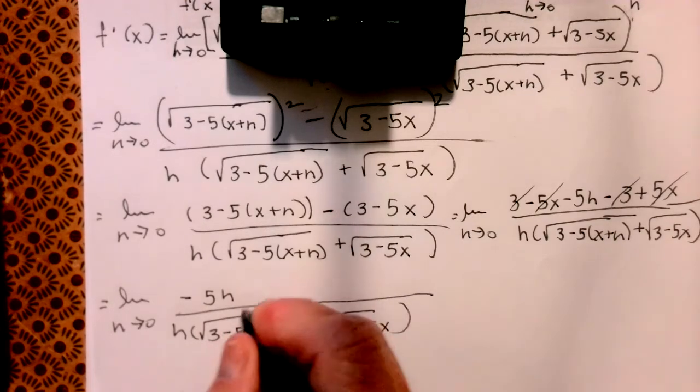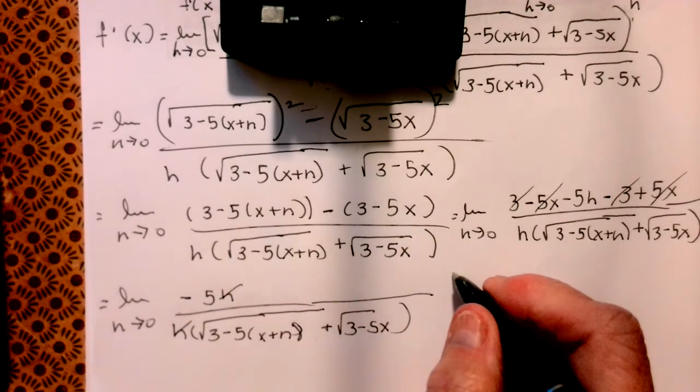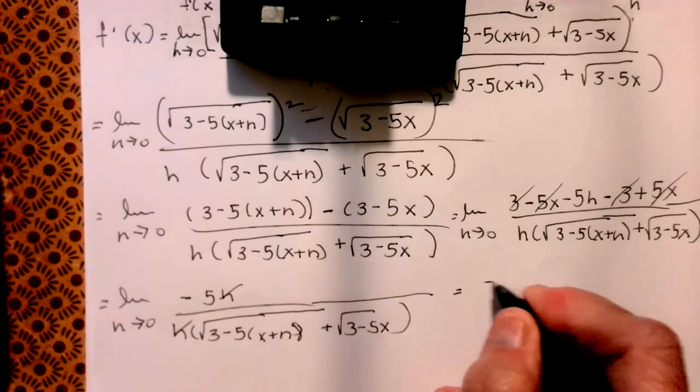Okay, now finally cancel the h. And then we're going to substitute in h going to 0.